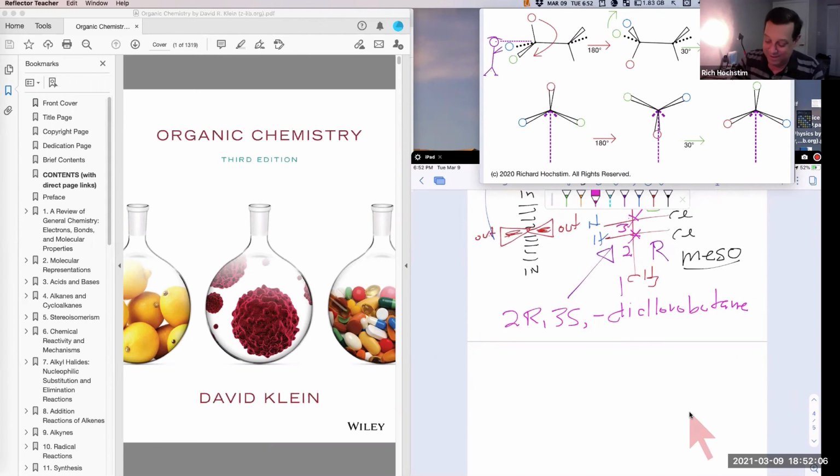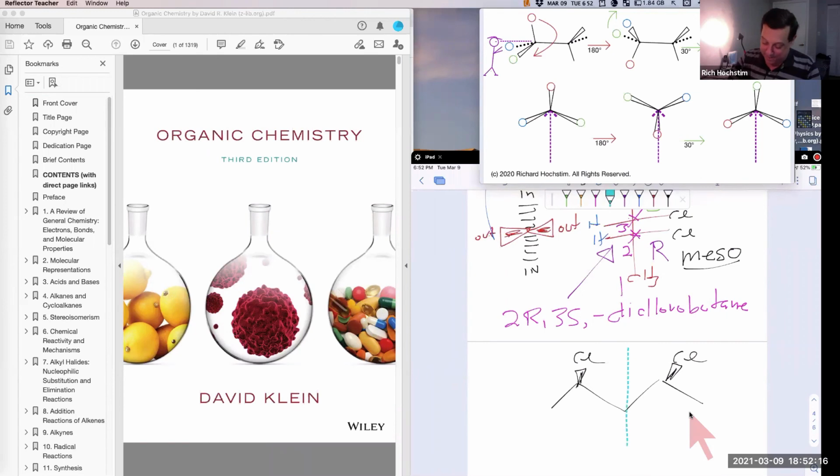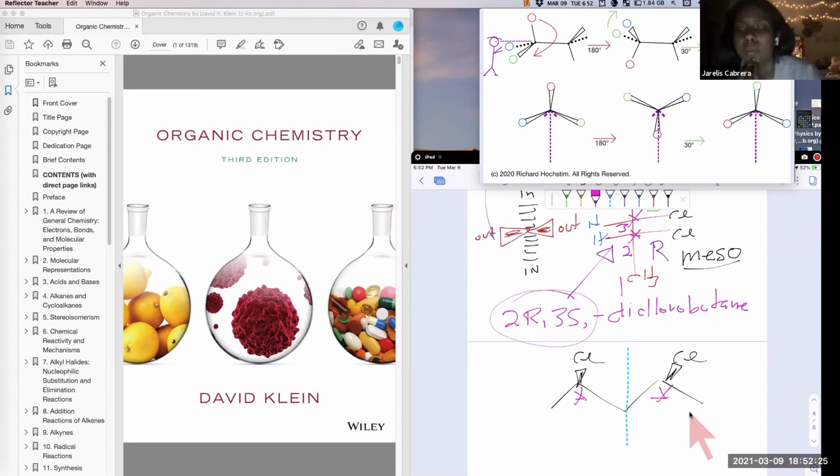Now, let's do this. Put a Cl here and a Cl here. And now, is this a meso compound? Yes. Okay, all meso compounds are going to have this, all of them. It doesn't have to be 2 and 3, but they're all going to have an R and an S. It doesn't matter which is which.